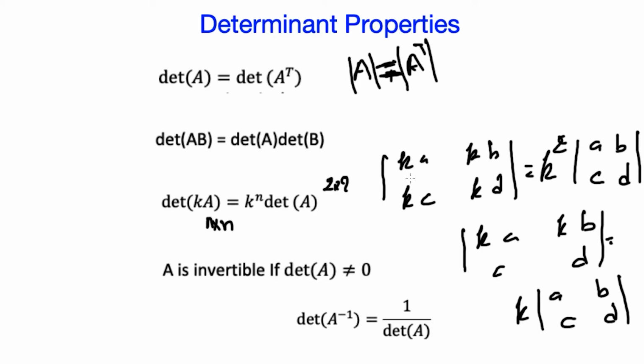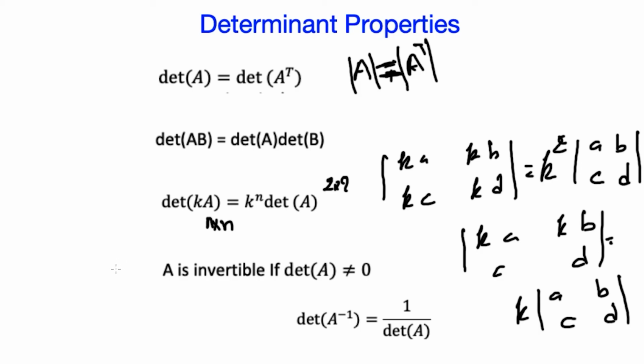However, if it multiplies each entry of the matrix, we can take it out and it will be raised to the power of the number of rows or columns, which are equal, times the determinant of this matrix.